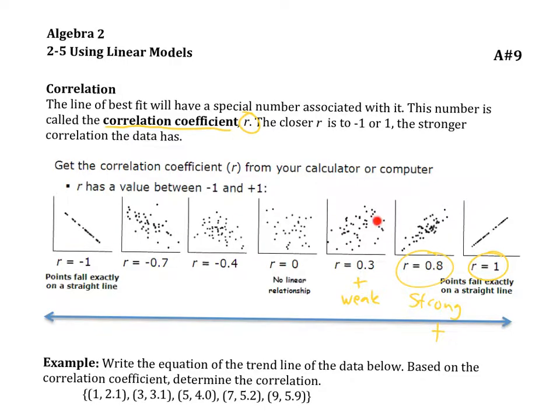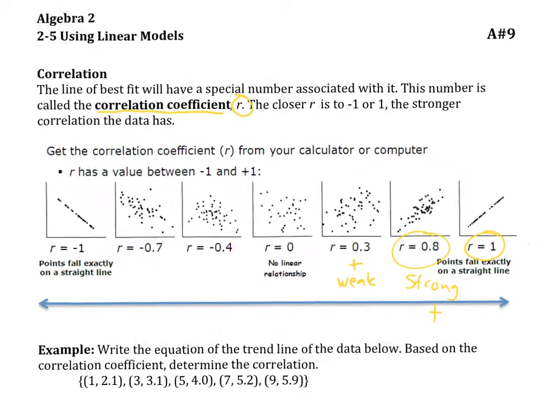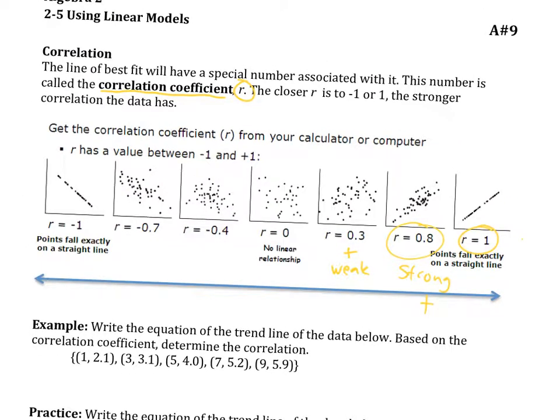And so going through this spectrum over here, if we see this being -1, this being 0, and this being 1, then the closer we are to -1 and the closer we are to 1, that's the stronger it is. The closer it is to 0, the weaker it gets.